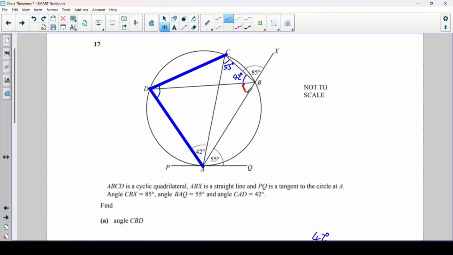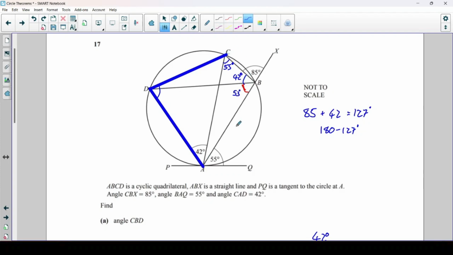Because this is a straight line, I can do 85, add 42, and subtract that from 180. So first of all, 85 add 42 is 127. Let's subtract that from 180. That is 53.